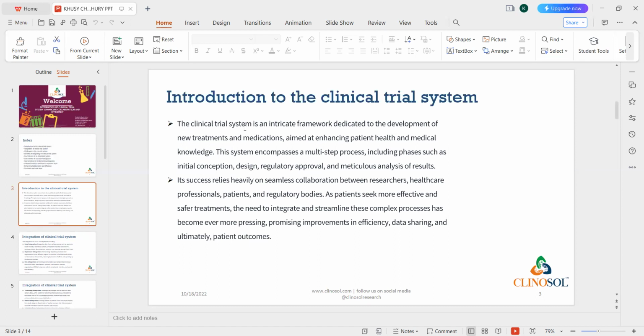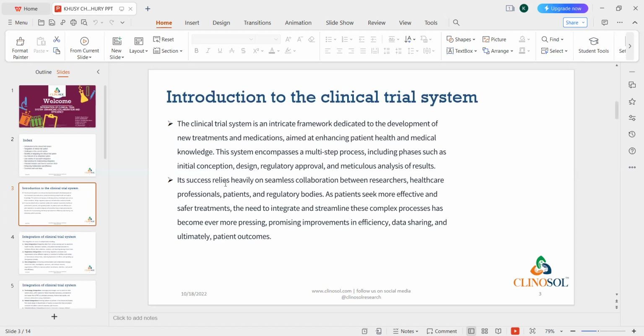The clinical trial system is an integrated framework dedicated to the development of new treatment and medications aimed at enhancing patient health and medical knowledge. This system encompasses a multi-step process including phases such as initial concept design, regulatory approval, and meticulous analysis of result.